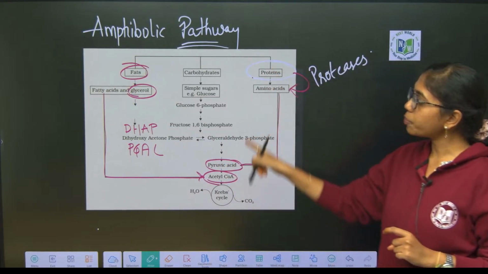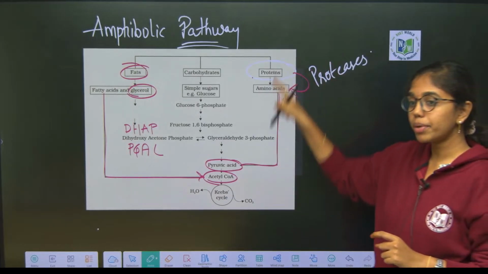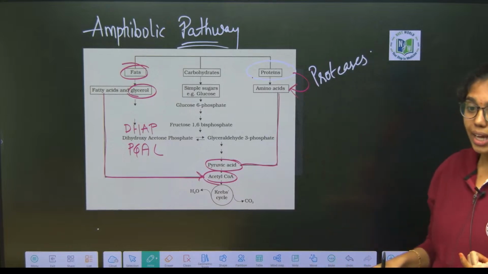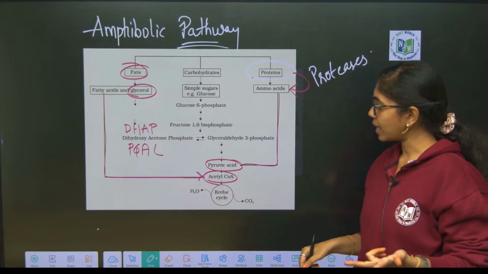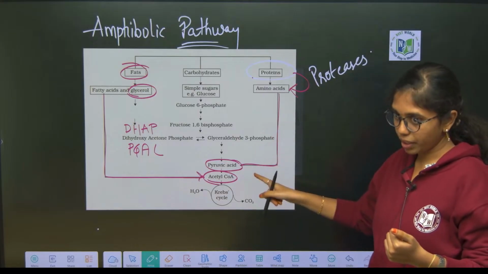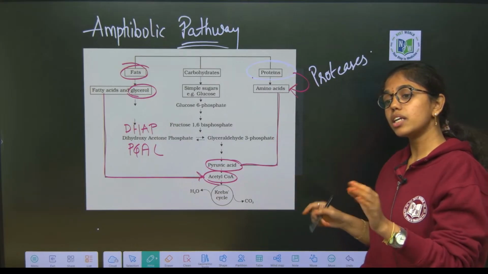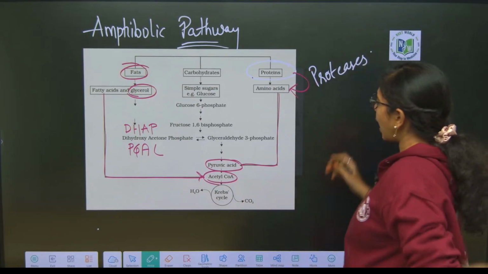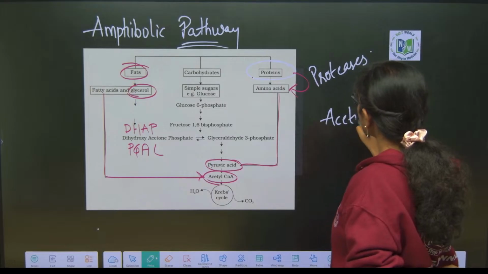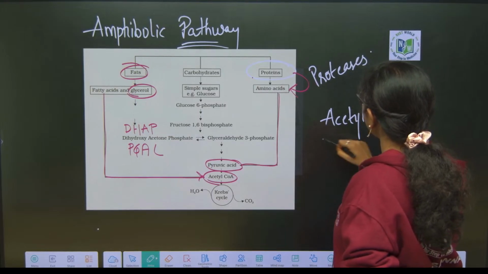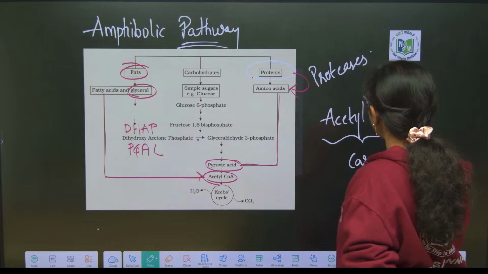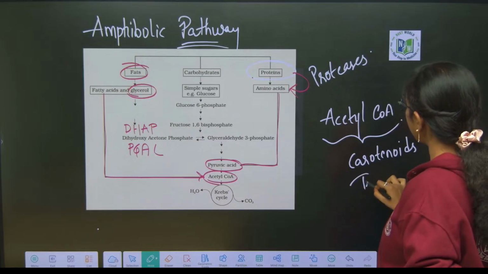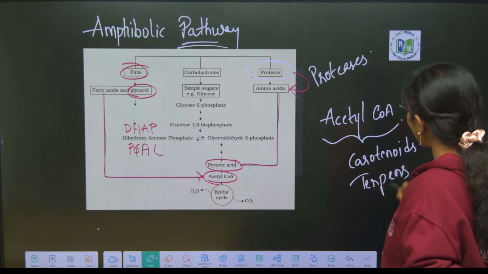So, all the respiratory intermediates that you see in the complete process of aerobic respiration, like acetyl-CoA, succinyl-CoA, alpha ketoglutaric acid, all these respiratory intermediates are the starters of some other biosynthetic pathways. Fine. For example, acetyl-CoA is the raw material for the synthesis of carotenoids, terpenes and gibberellins.